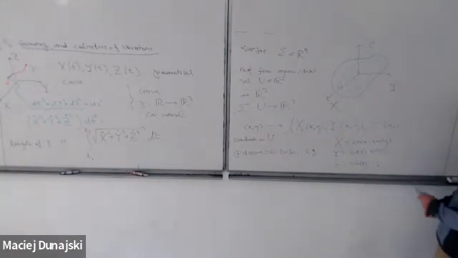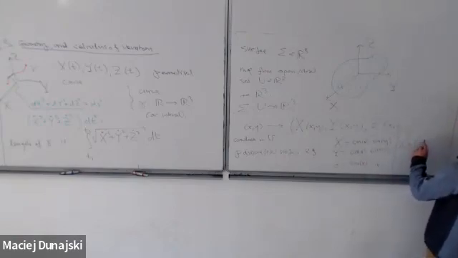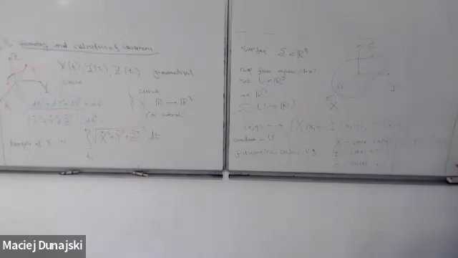It's a sphere, because we can verify that for this parametrization, X squared plus Y squared plus Z squared minus 1 equals 0. So it's a unit sphere.